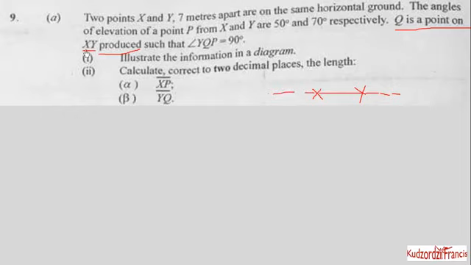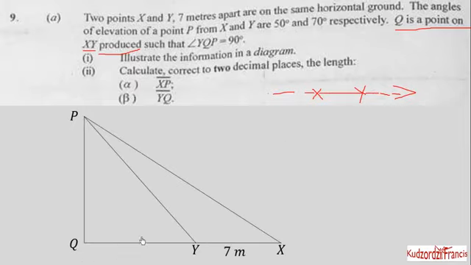But it stated that XY is produced, so the direction is clear, it's in this direction, meaning that our diagram will look like this. You produce XY to get the Q. So Q cannot be the other side of X, and cannot be between X and Y, hence the question is specific.